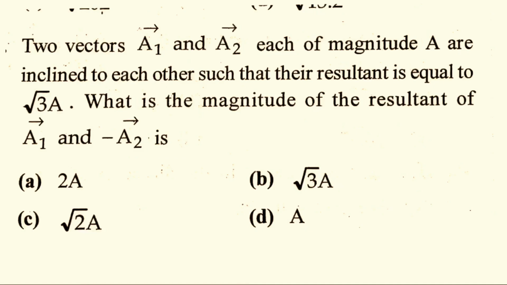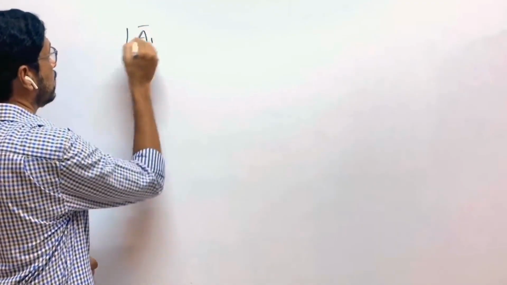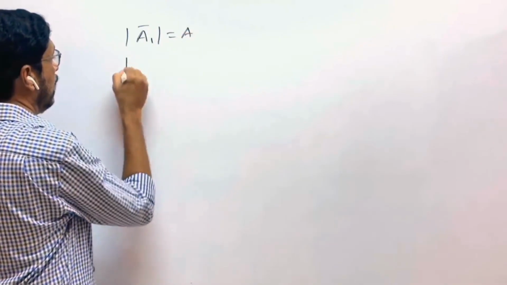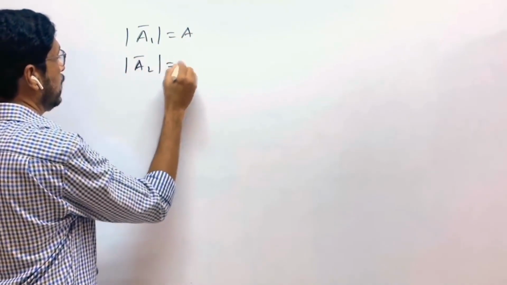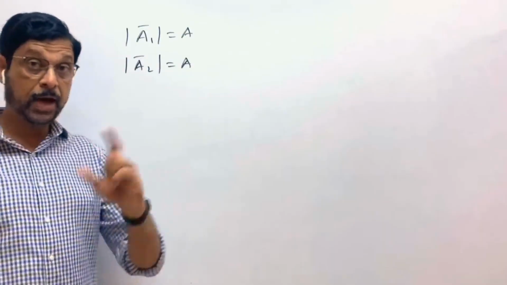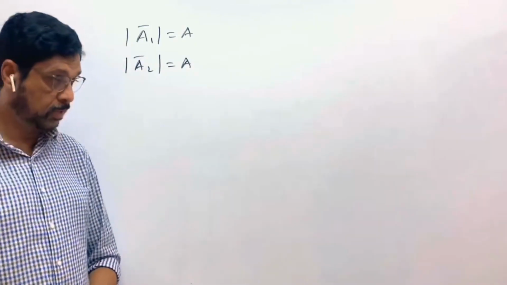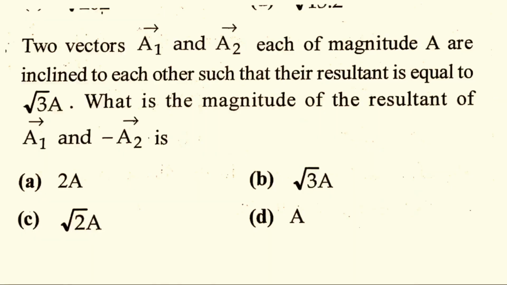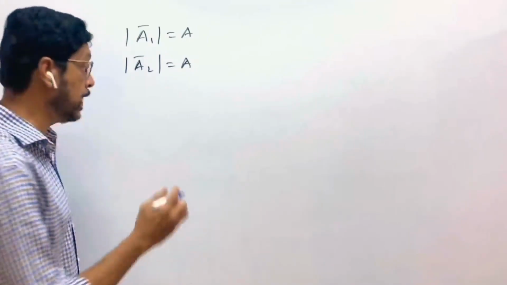Two vectors A1 and A2, each of magnitude A. Magnitude of vector A1 is A and magnitude of vector A2 is also A. They are of equal magnitudes. Are inclined to each other such that their resultant is equal to root 3A.